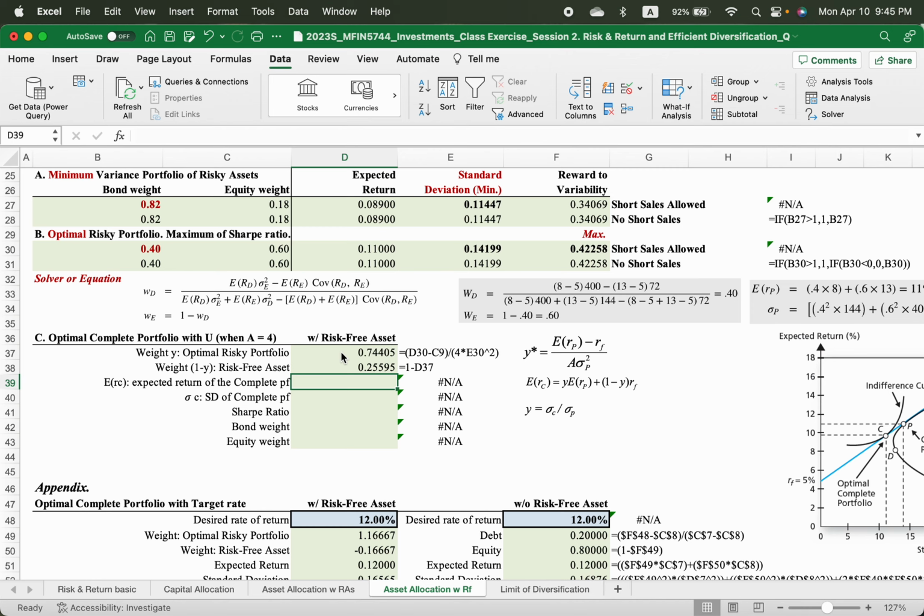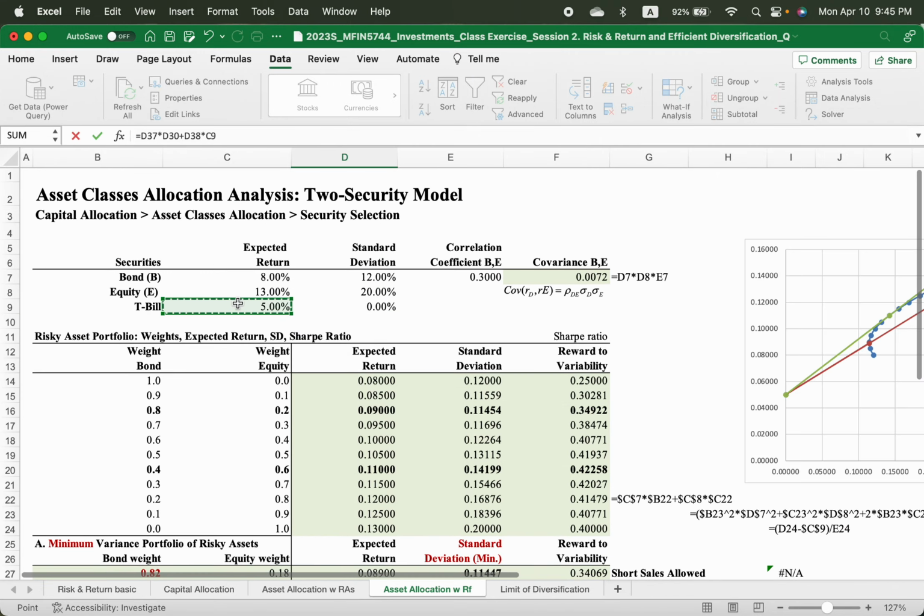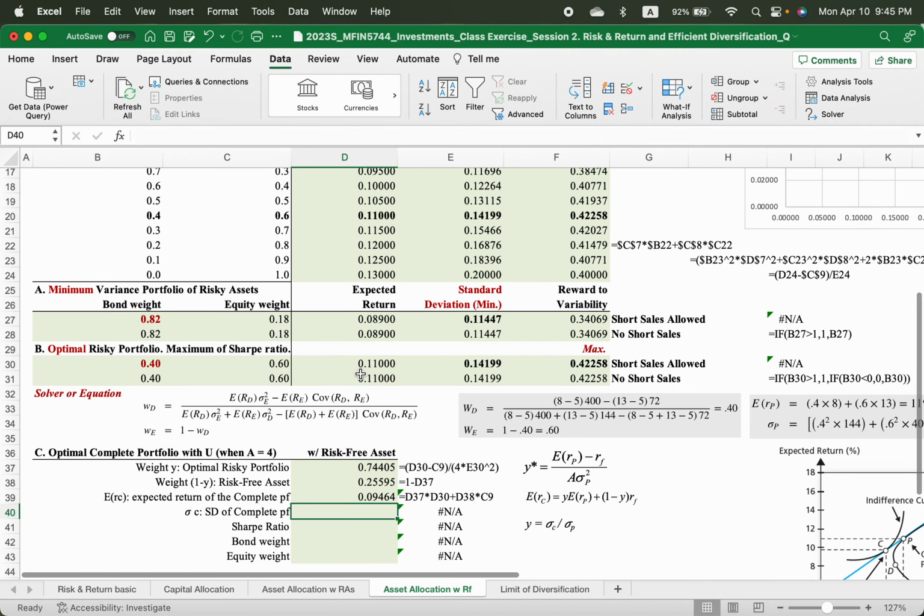Expected rate of return of the complete portfolio is now, how to get it? 74% times 11% plus 25% of the risk-free asset times the risk-free asset rate of return. So we got now the expected rate of return of this complete portfolio is 9.4%.